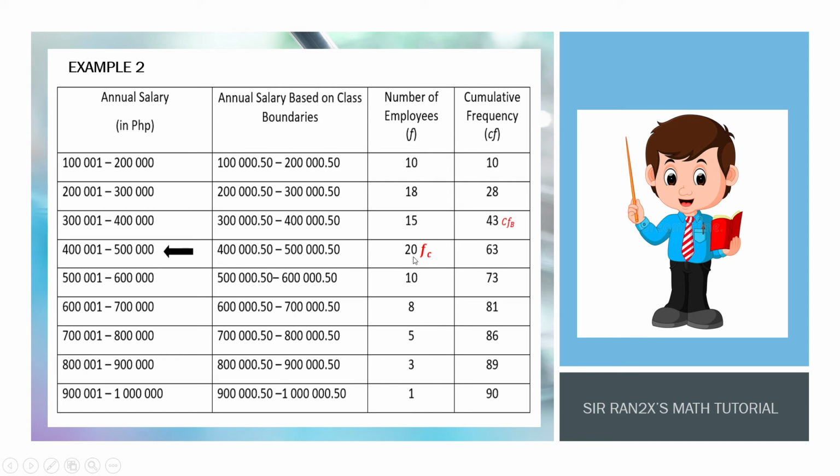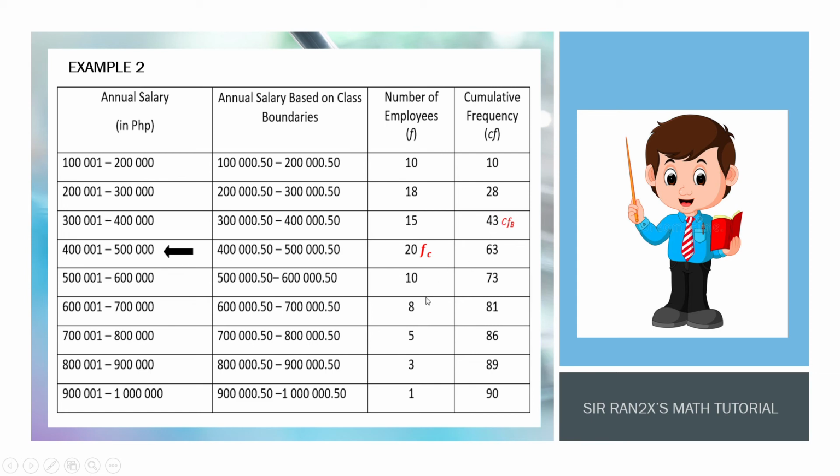All right, 20. And take note, the cumulative frequency before that class is needed. You are going to use the cumulative frequency of the class before the class that we choose.